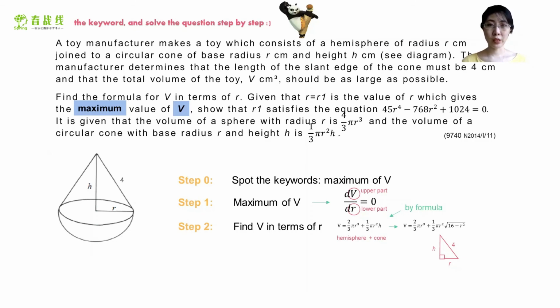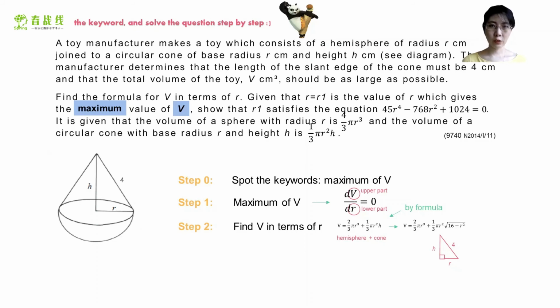Now what we need to do is to find the link between h and r, and we can see a right angle triangle over there linking both. In this right angle triangle, we can use the Pythagoras theorem, r squared plus h squared equals to 4 squared, and then we can express h in terms of r.